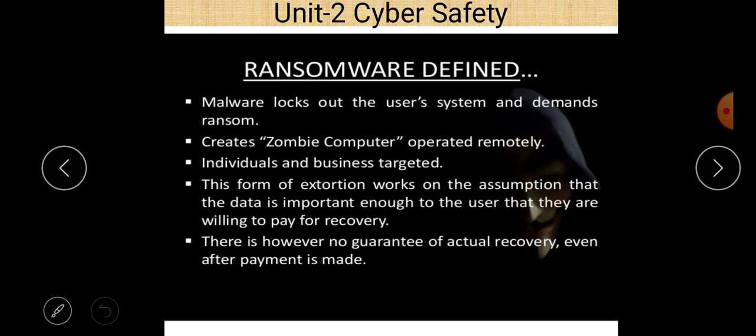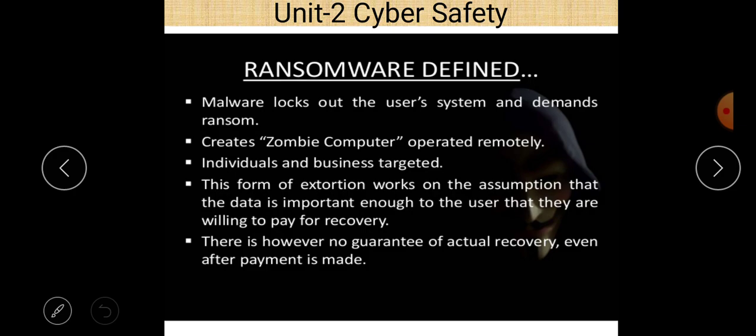So they gain access to data that is very important for a person or an organization. They know that this is very important data, and if they delete it, it is very harmful for that organization. So they demand ransom for that particular data.